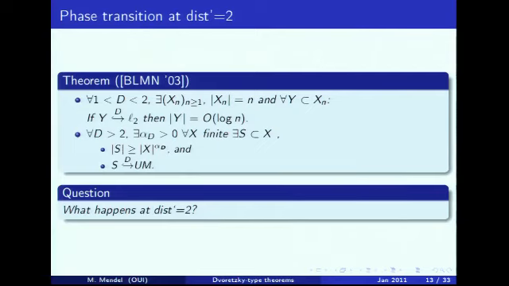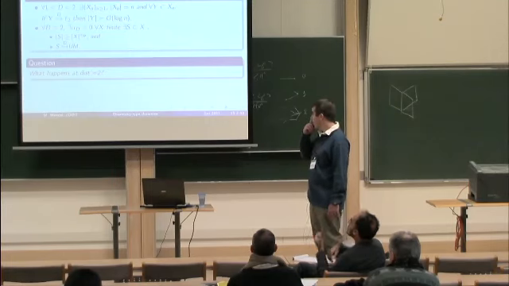And above distortion 2, we can extract a polynomial number of points. I mean, for any d larger than 2, there is some alpha d larger than 0, and you can extract from any n-point metric space a subset of size n to the power alpha d, which can embed with distortion d into an ultrametric.